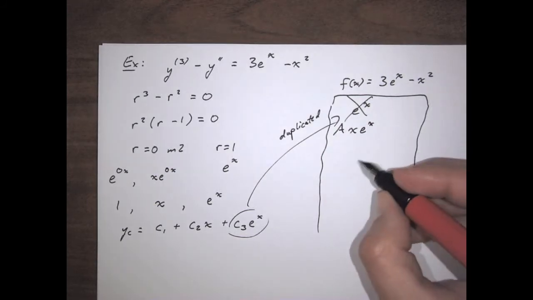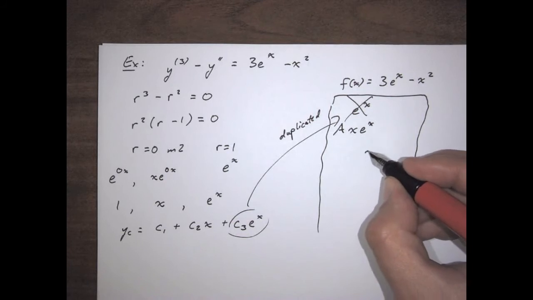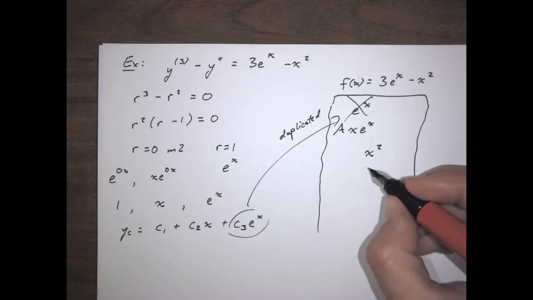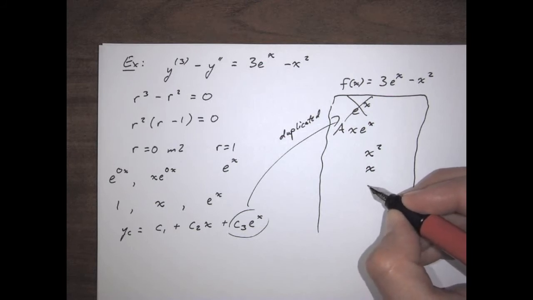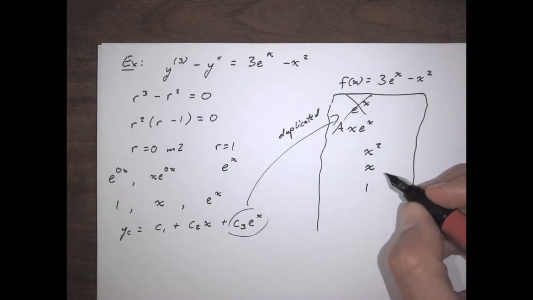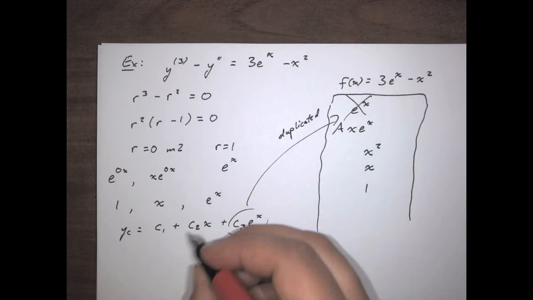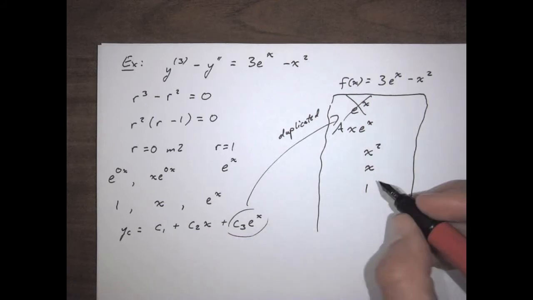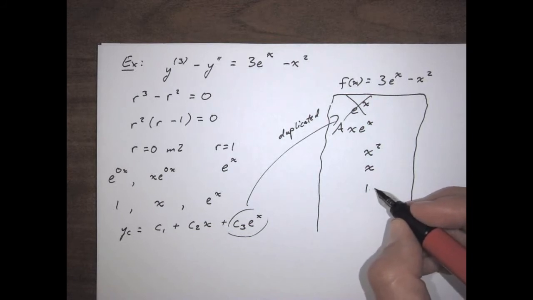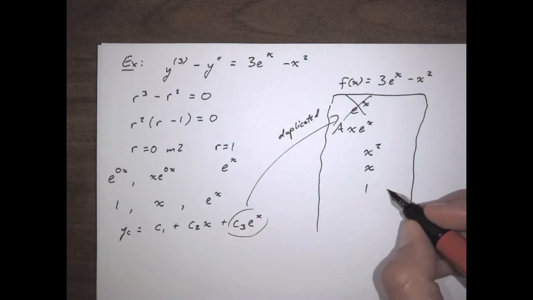Now from this one, we would want x squareds, x's, and 1's. However, those are both being duplicated. So what that means is I have to multiply by a big enough power of x here to clear that one.